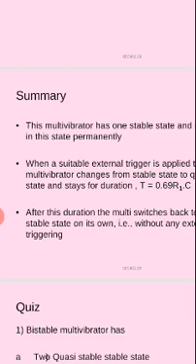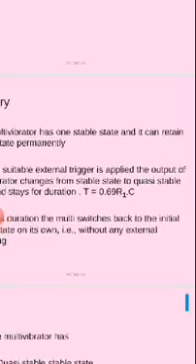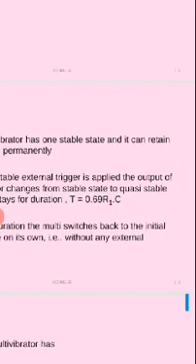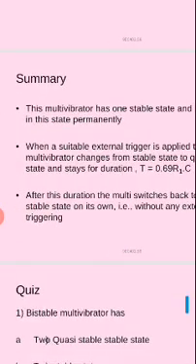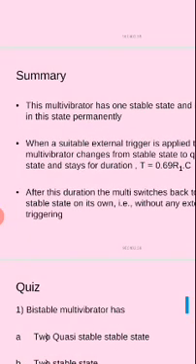After this duration, the multivibrator switches back to the initial stable state on its own, that is without any external triggering.